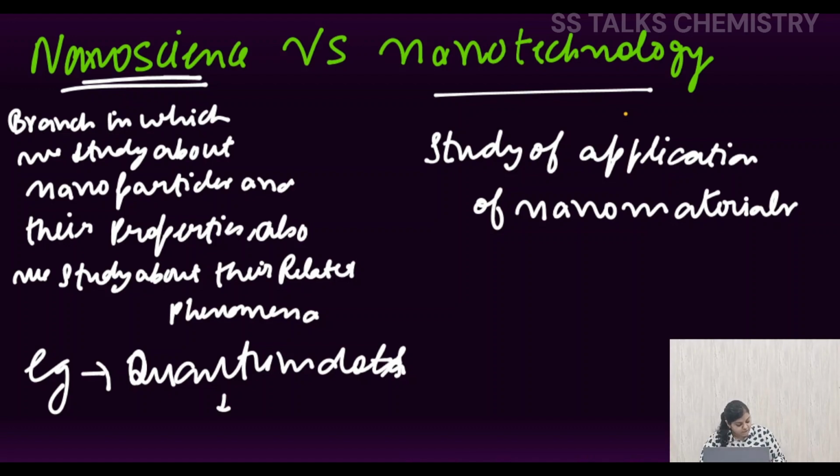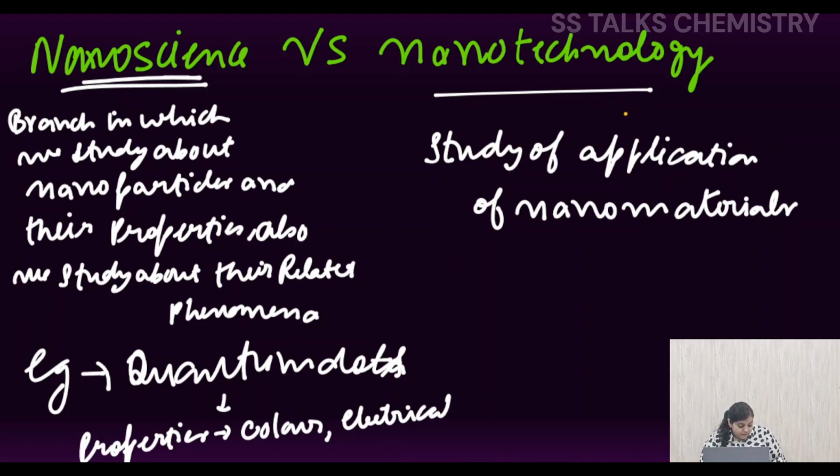So we study the quantum dots and their physical properties, that is, you can say what is the color of it, right? What is its electrical conductivity, what is its melting point and wettability, all these properties of the quantum dots we study in nanoscience.